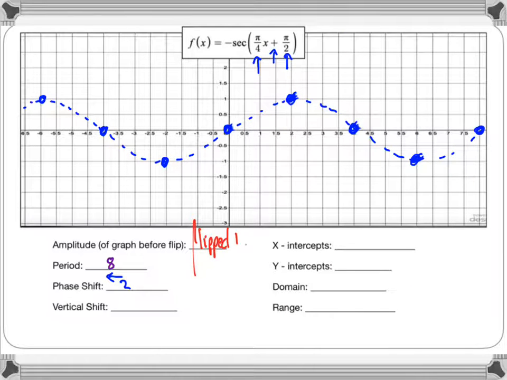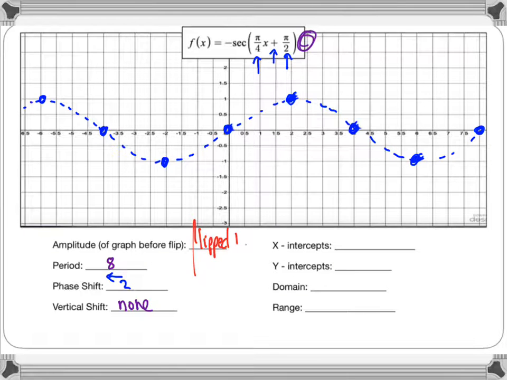And that is going to complete everything that we need before we start to add the asymptotes and then flip everything around. There is no vertical shift. I promise you there's going to be vertical shifts in later lessons. Seems like we never use them, but there's nothing here to move it up and down right now.